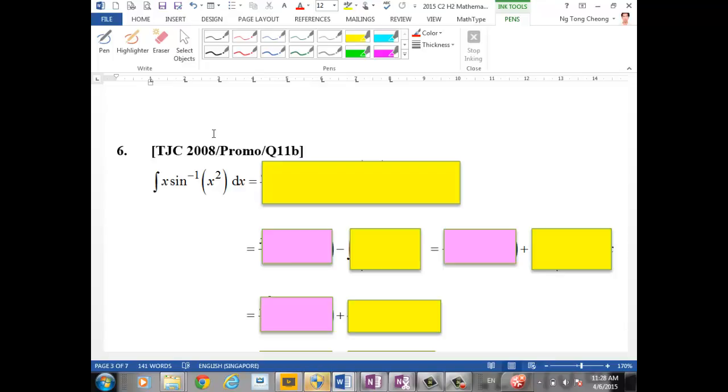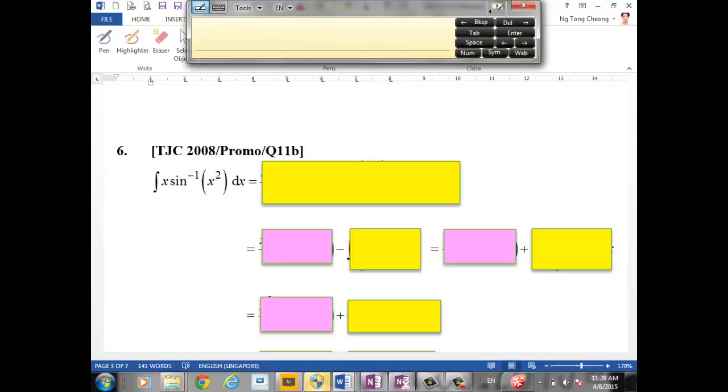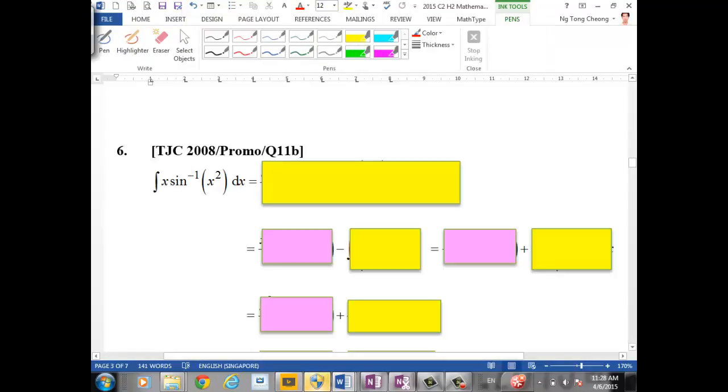You cannot integrate an inverse trigo function directly, so the moment you recognize that you have an inverse trigo function here, this one can only be differentiated, cannot be integrated. With the product here, you can then define your v prime and your u accordingly.